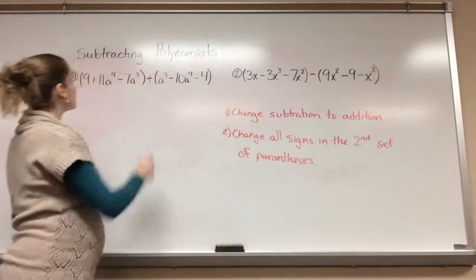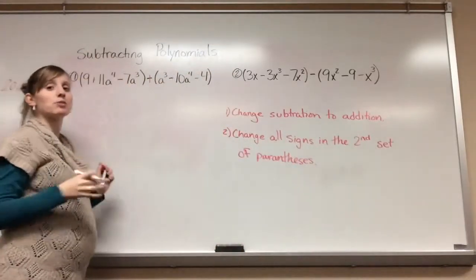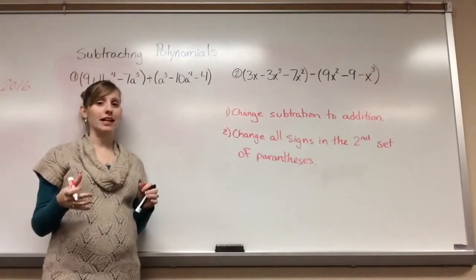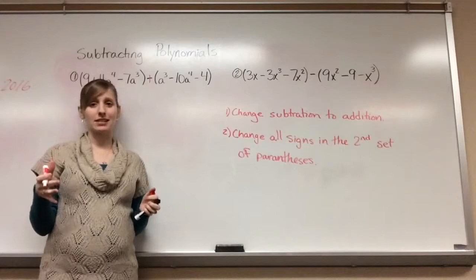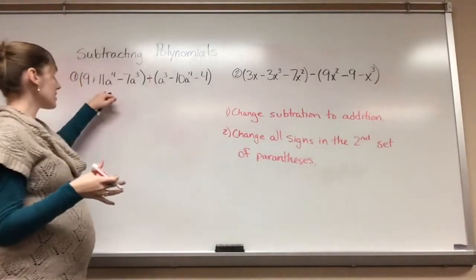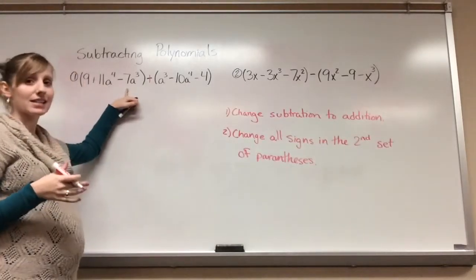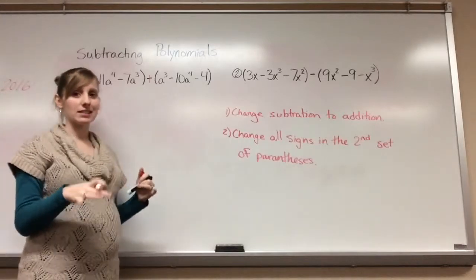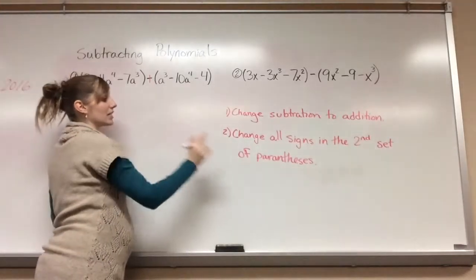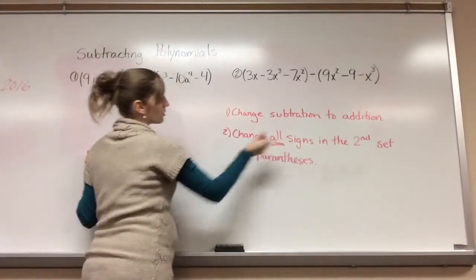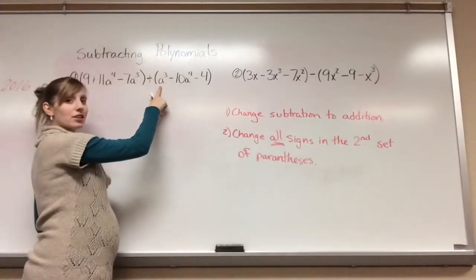Okay? The first set of parentheses stays the same. Just like how our first integer, the -5, stayed the same, our first set of parentheses will stay the same. So 9 plus 11a to the 4th minus 7a to the 3rd all stays the same. I'm just going to change the second set, and I change all the signs, which means this is a positive a to the 3rd.